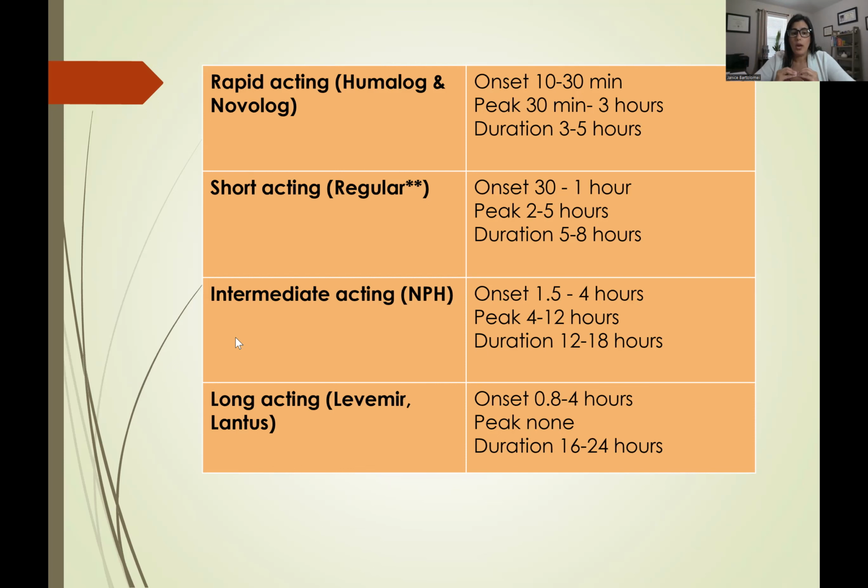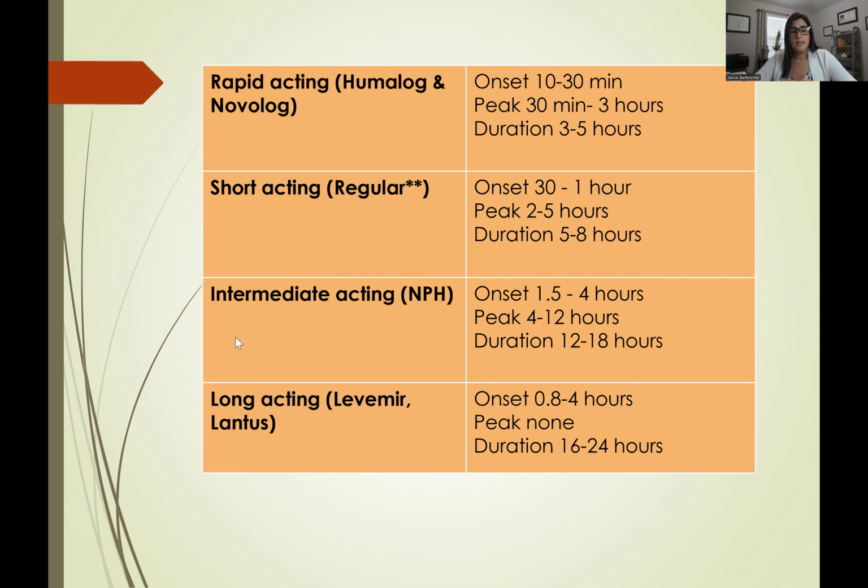Now, on your short acting, the common one is called regular. Your onset is 30 minutes to 1 hour. It peaks at 2 to 5 hours, and the duration is 5 to 8 hours. Your intermediate is called NPH. It's cloudy, and you're going to identify it because it's cloudy.